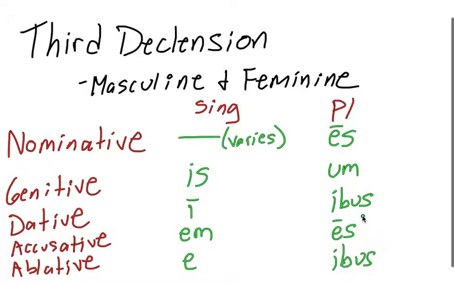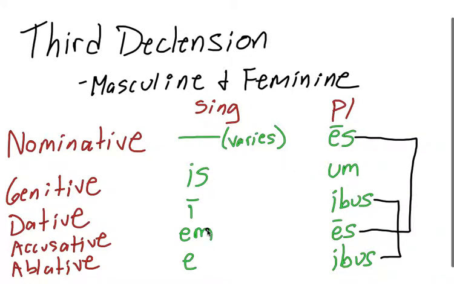Okay, so a couple of observations about third declension endings. The dative and ablative plural are the same, and the dative and ablative plural in Latin declensions are always the same, no matter what the declension is. Also, the nominative and the accusative plurals are the same. So they're both es. The genitive plural is shortened to um instead of arum or orum.